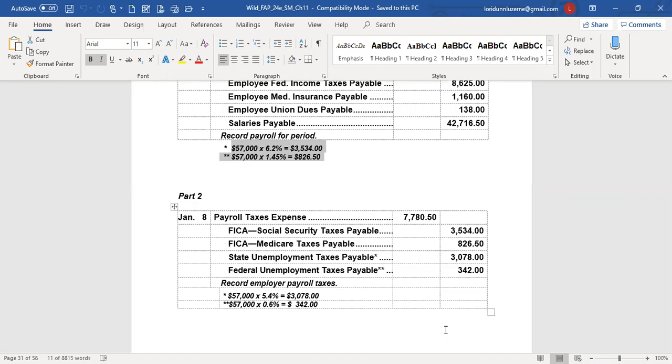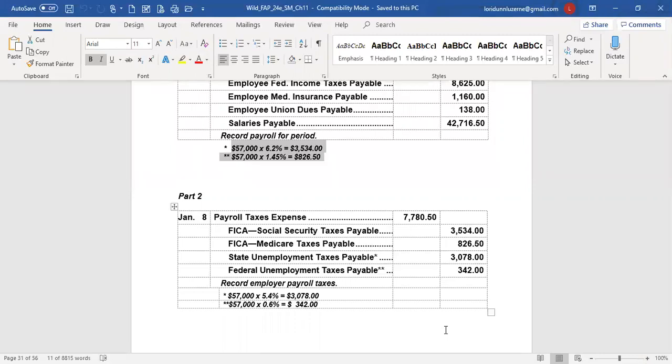So the employer will credit FICA Social Security taxes payable again for the same amount, $3,534. They'll also credit FICA Medicare taxes payable again for $826.50. Credit state unemployment taxes payable for the amount we just calculated. They owe that, $3,078. And the federal unemployment taxes payable liability account for the amount we calculated of $342.